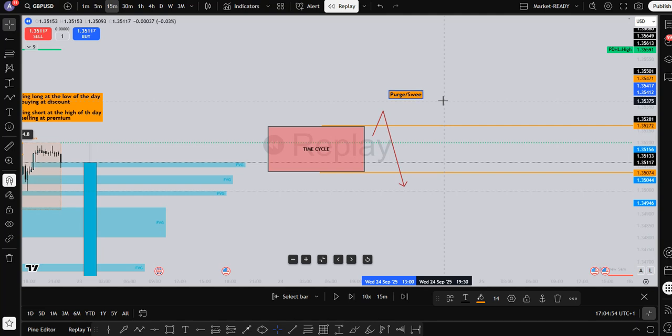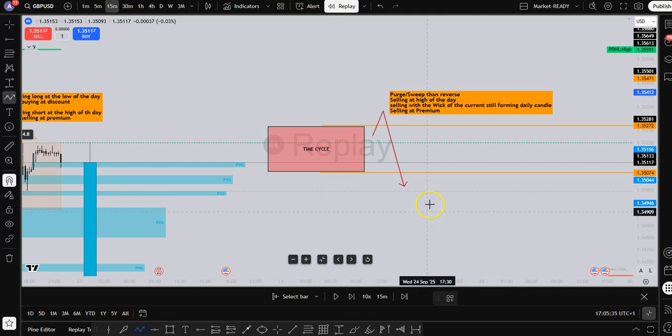Purge or sweep, as you like, then reverse, which is selling at the high of the day, selling within the wick of the current, still forming daily candle, and which is simply selling at premium. Sorry.